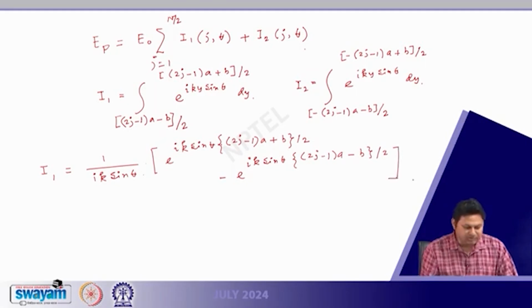So, we need to execute this quantity, and that is my I1.